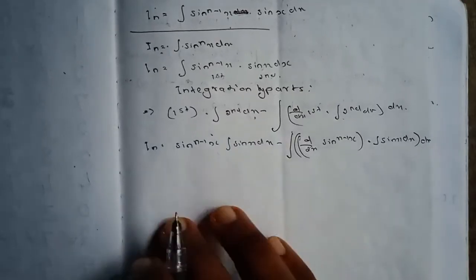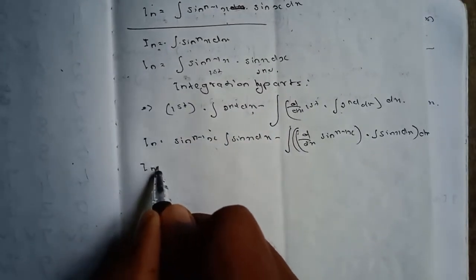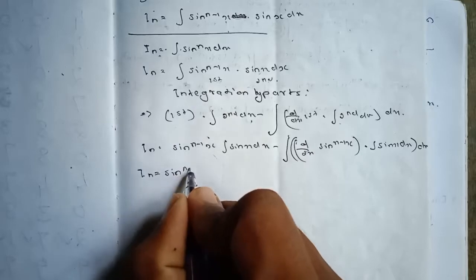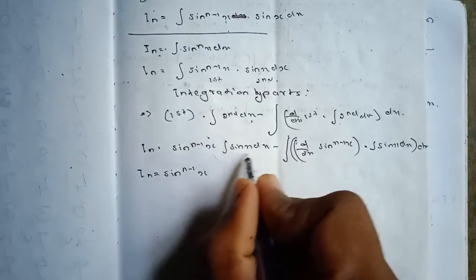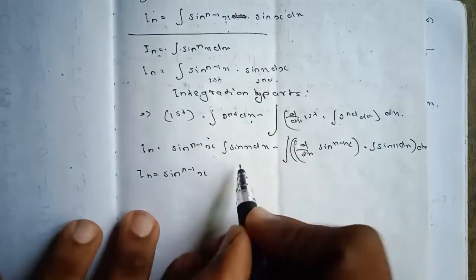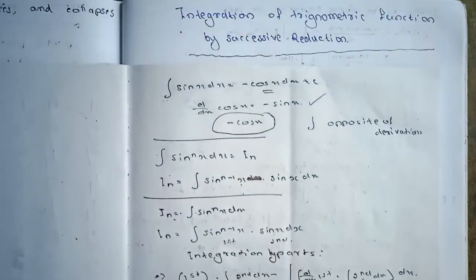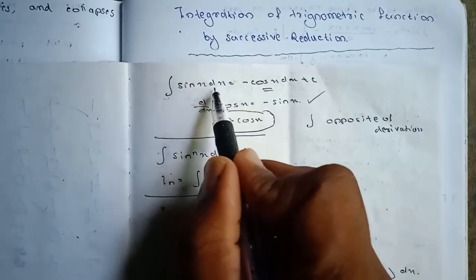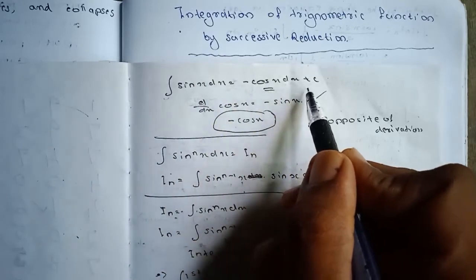Then solving this properly, we get I_n equal to sin^(n-1) x into the integral of sin x dx. We know that the integral of sin x dx, as we said previously, is equal to minus cos x plus c.